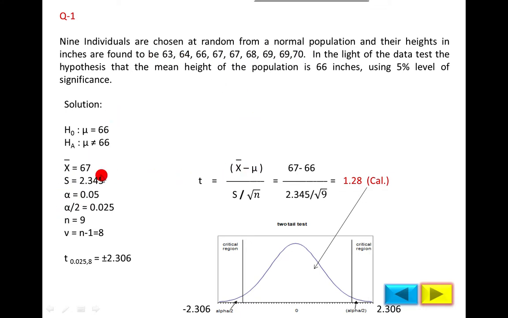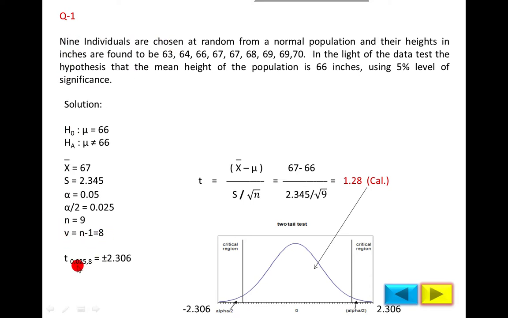Substitute in this formula x bar, mu as 66, and the calculated value is 1.28. Another value, the critical value of the test statistic, we find with the help of alpha. Alpha is 5% and the notation is not equal to, so we divide by 2: 0.025. Sample size is 9 individuals, so degree of freedom will be n minus 1, which is 8.